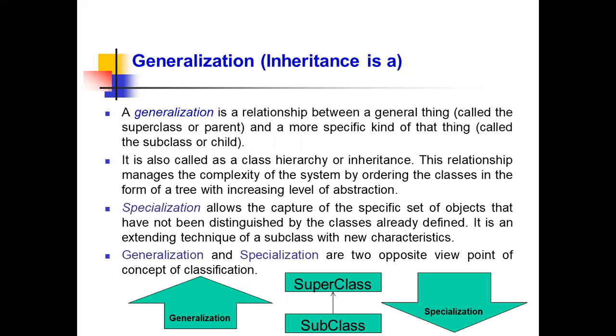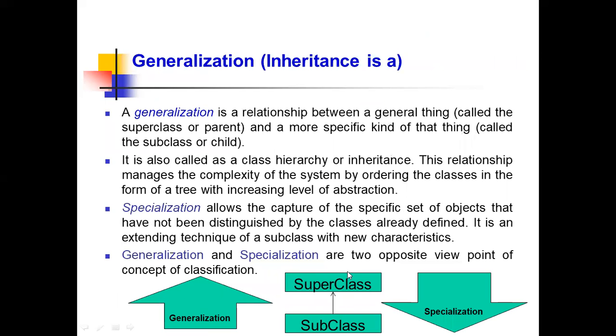Then we have seen generalization, that is inheritance, an is-a relationship. Then we have seen specialization also; generalization and specialization are two opposite viewpoints of the concept of classification. Here you can see the example of generalization, superclass and subclass.